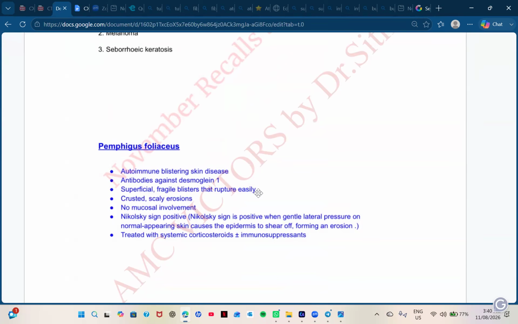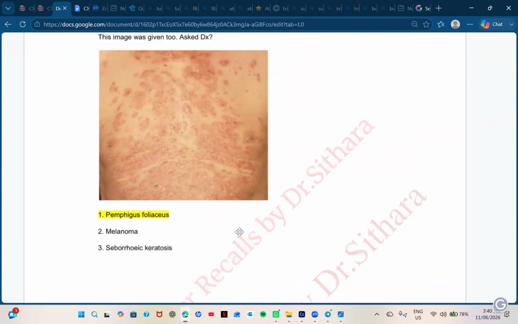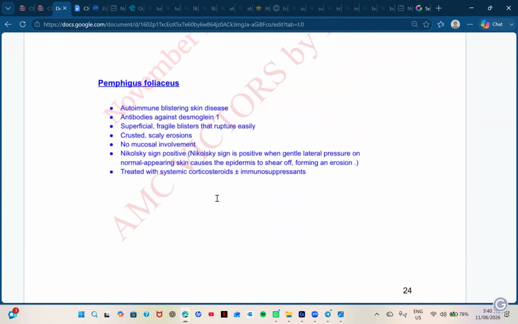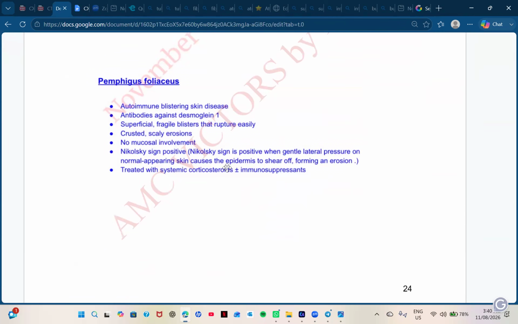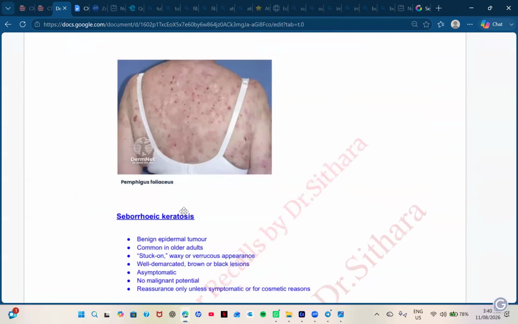It causes superficial fragile blisters that rupture easily, crusted or scaly erosions, no mucosal involvement, and a positive Nikolsky sign. That means gentle lateral pressure on normal-appearing skin causes the epidermis to shear off, forming an erosion. It is treated with systemic steroids and immunosuppressants.